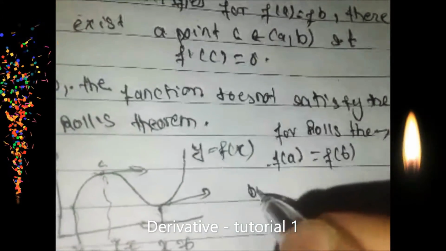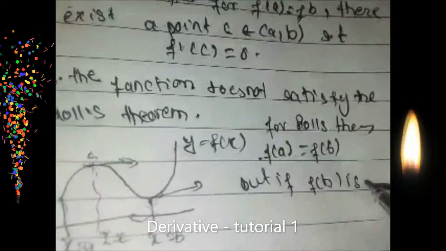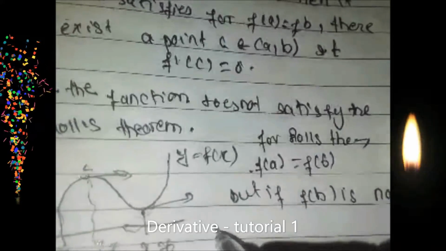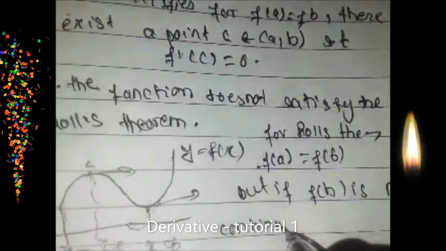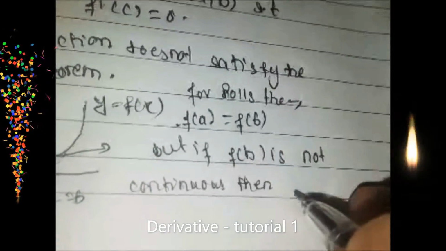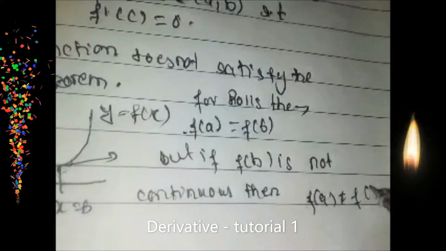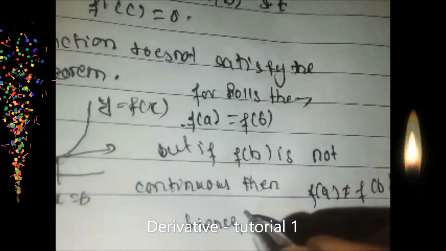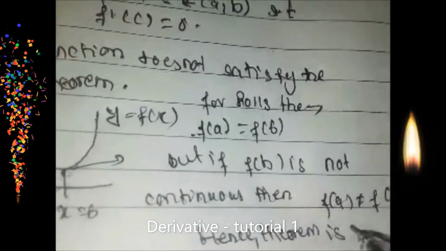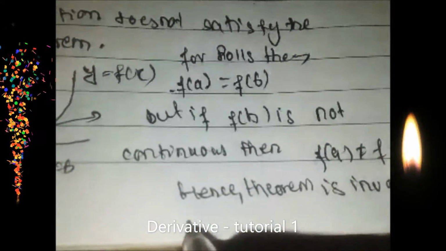But if f is not continuous at b, then f(a) will not be equal to f(b). Hence, the theorem is invalid for this case.